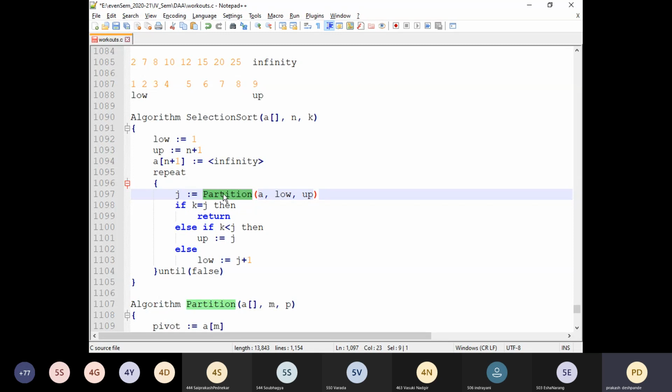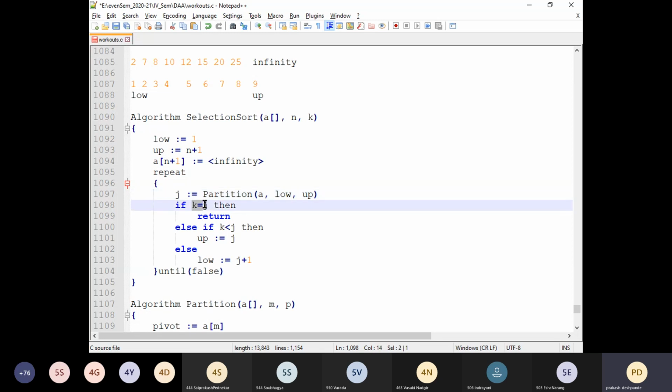Okay, now once that partition happens, we know that the partition is going to return some position, right? The pivot element's position it returns is nothing but j. Now we have to compare that partitioned position j with the kth position we are trying to find. For us, we need the element at the kth position, but partition is returning a value j.